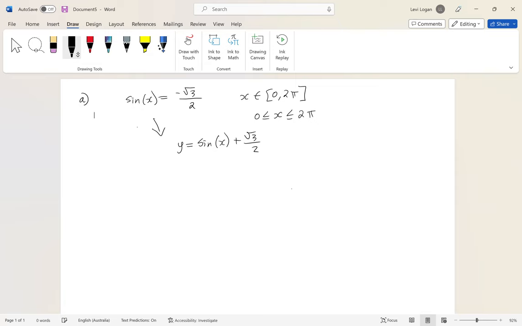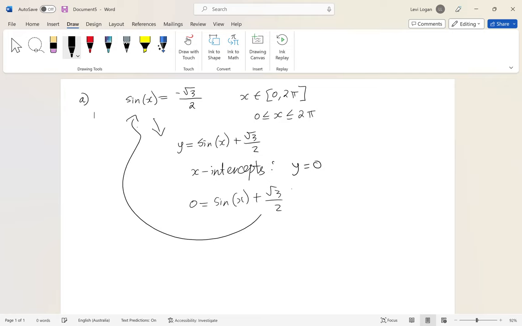And what we were finding were the x-intercepts. When we find the x-intercepts, our y value is equal to 0. So if we put 0 equals sine x plus root 3 over 2, we get our equation up there. So that's basically what we were finding, and we were given this domain.